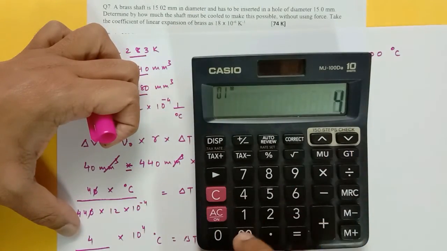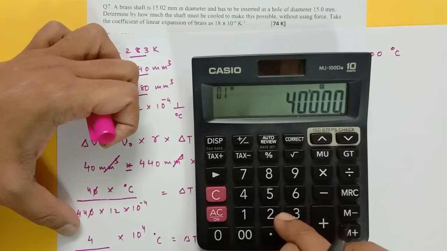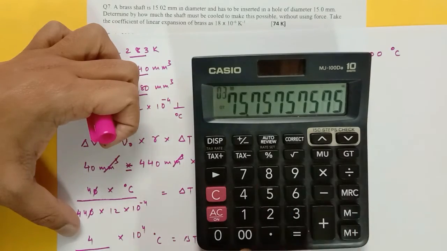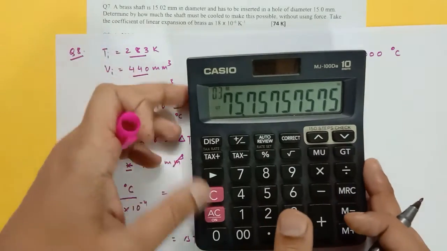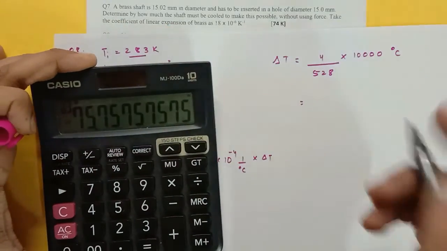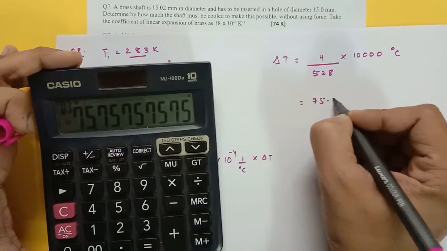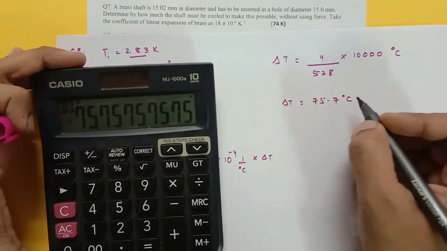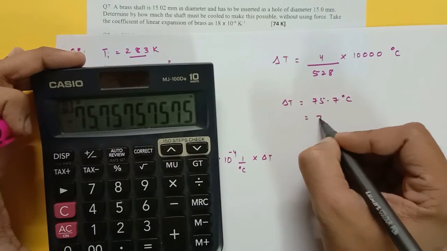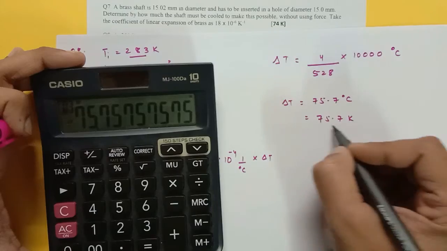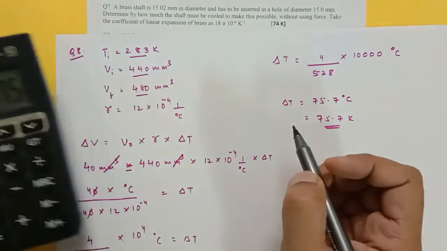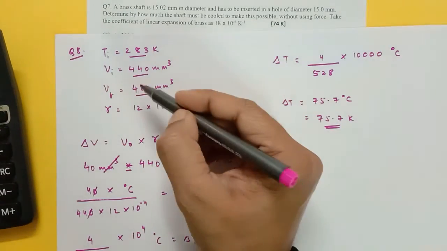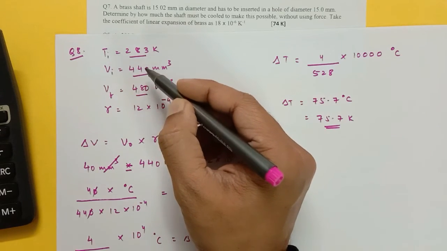So 40,000 divided by 528 is this, correct? So this is delta T, 75.7. So 75.7 degrees Celsius is my delta T, or I can also write down this in Kelvin. So 75.7 Kelvin, which is the rise in temperature because the final volume is increasing.